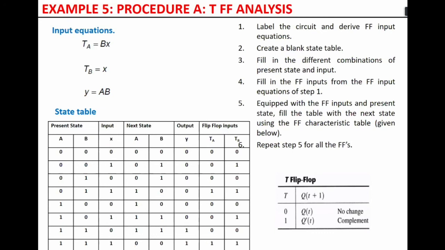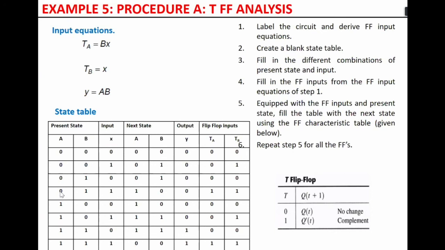Now, just pay attention to one row. Let's pick a different one, where we have a 1 here, and then a 1 here, and then a 0 here. Let's look at the next A. The next A will be influenced by what is at TA.